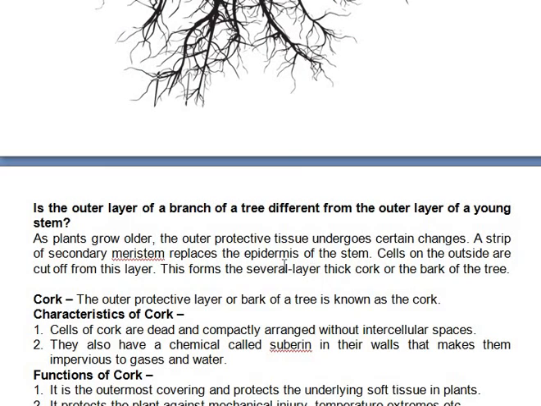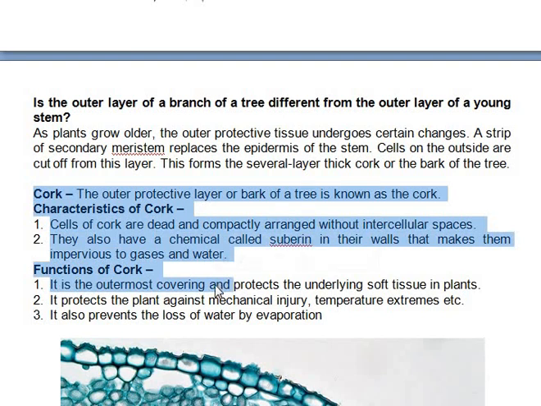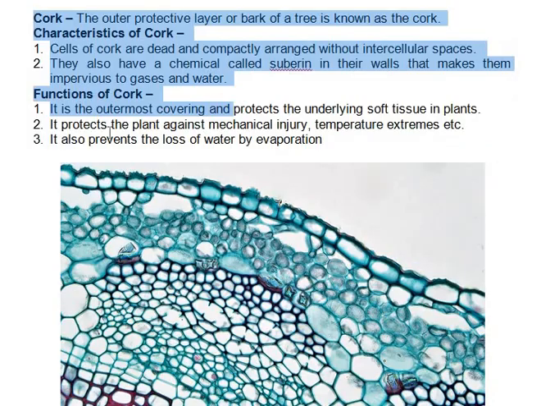Now let's move to another topic, that is another modification of the epidermis, the cork. When the plant grows laterally, at that time the outermost covering known as the epidermis gets broken down.